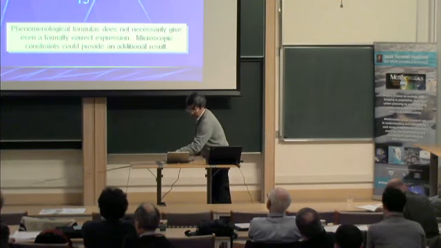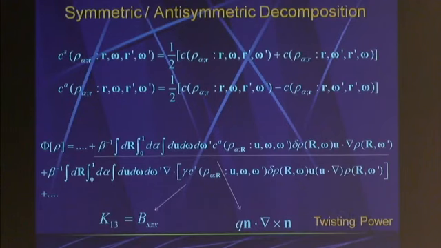And lastly, I'd like to mention a little bit more about what I learned by developing this calculation. I split the direct correlation function into symmetrical and anti-symmetrical parts. And I dealt with two terms in the first order expansion. The K13 term actually only involves the symmetrical direct correlation function.